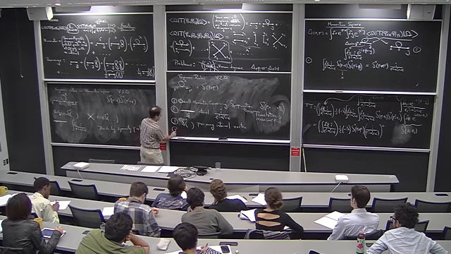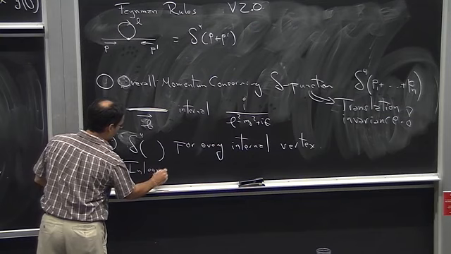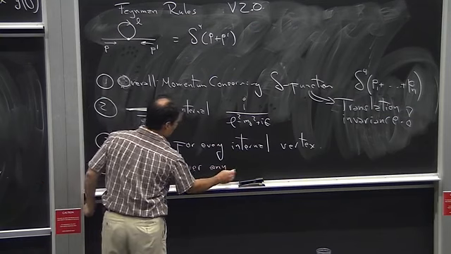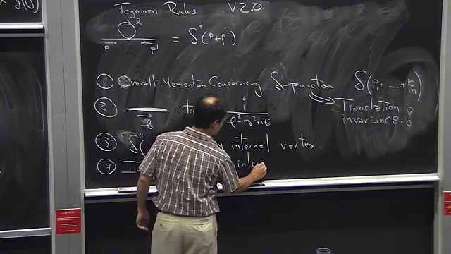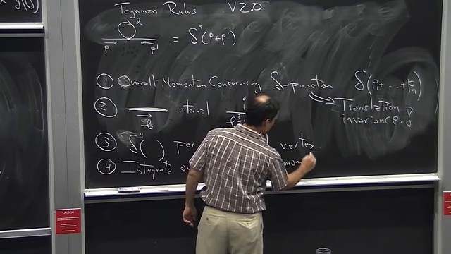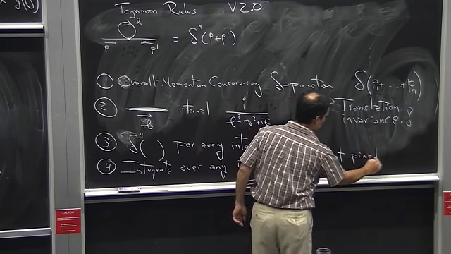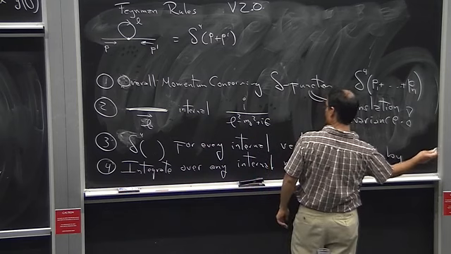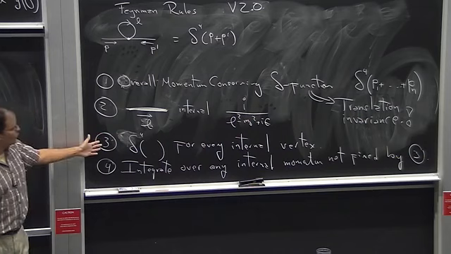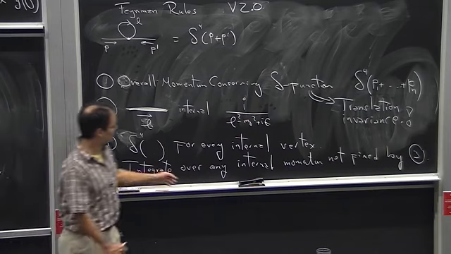And finally, well, almost finally, integrate over any internal momentum not fixed by 3. Okay? So once again, this part could be implemented at the level of the graph immediately. Okay?